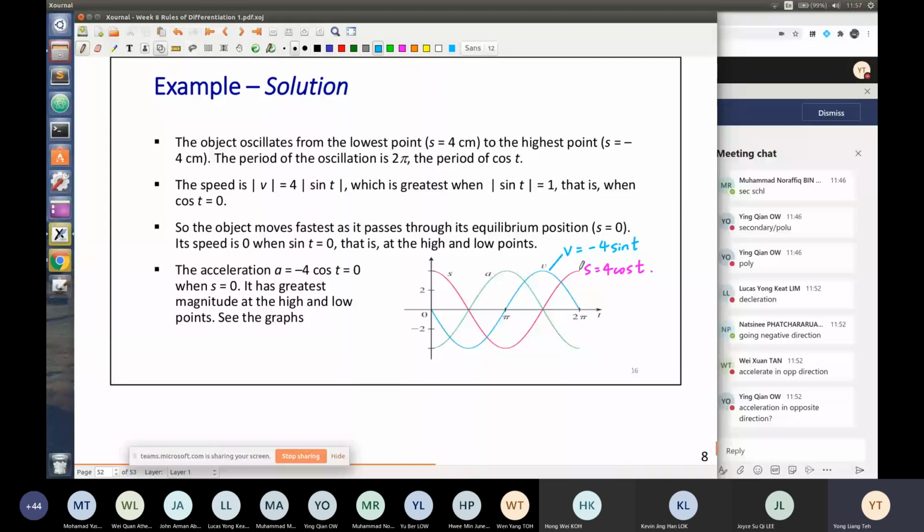So minus, you just reflect on the t-axis. Then subsequently, your acceleration here is -4 cosine t. So -4 cosine t, as you can see, is 4 cosine t but reflected about the t-axis or horizontal axis. So therefore, you got negative cosine function. So therefore all three functions are sinusoidal graphs.